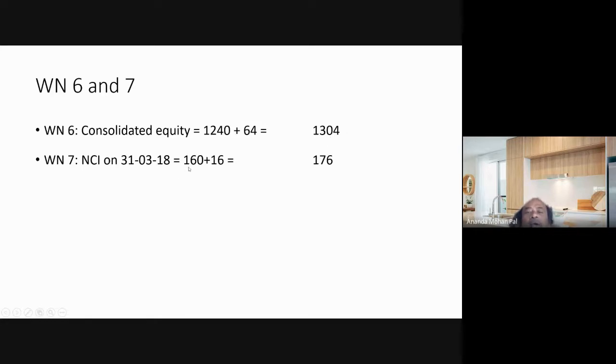NCI is the same way. They had 160. Non-controlling interest was 160. We have already done that. And the post-acquisition part is increased, 160 plus 16, 176.